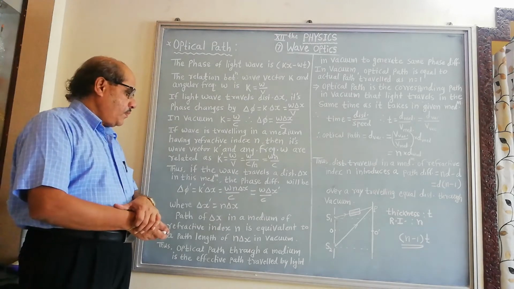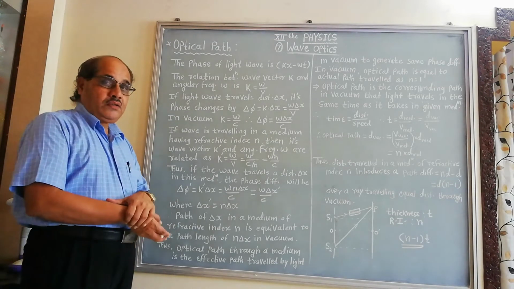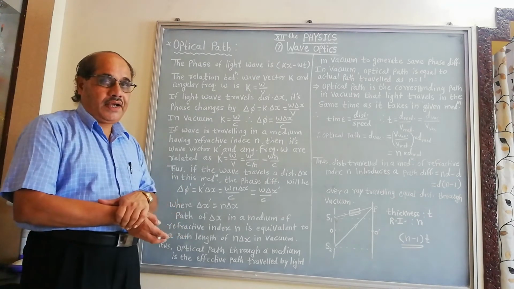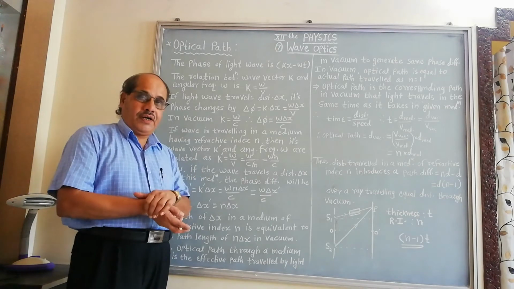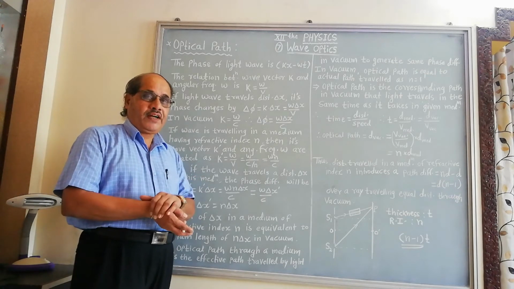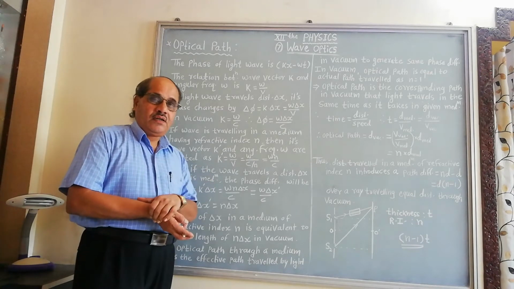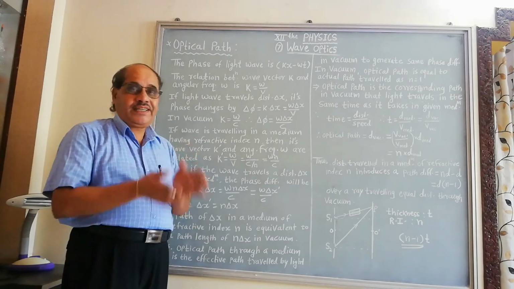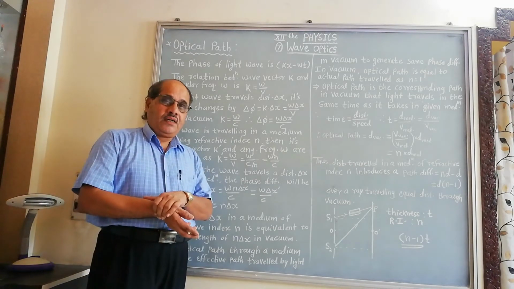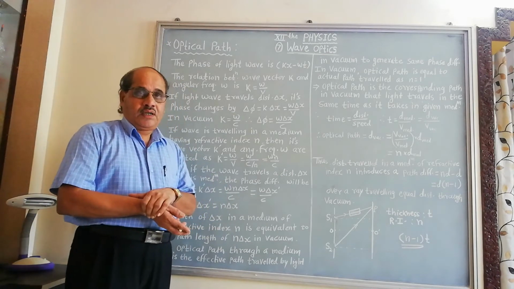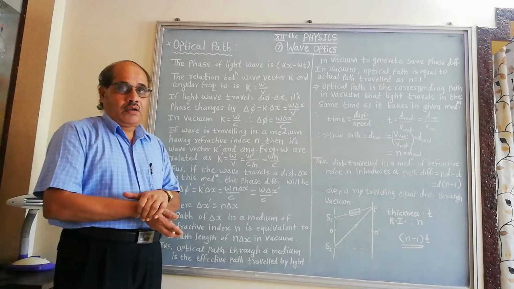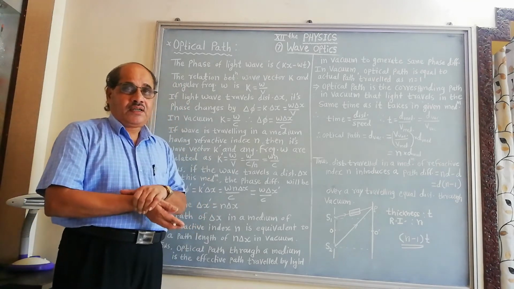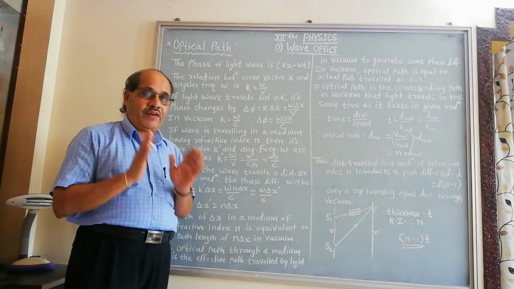Now here, when the wave travels a distance delta x in a medium having refractive index n, then its phase changes by the same amount as it would if the wave had traveled a distance n delta x in vacuum.